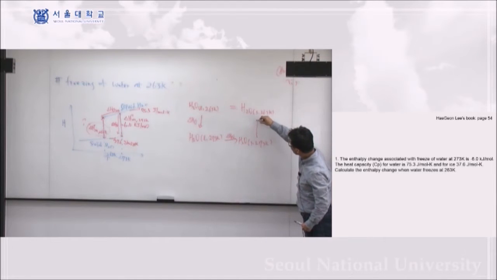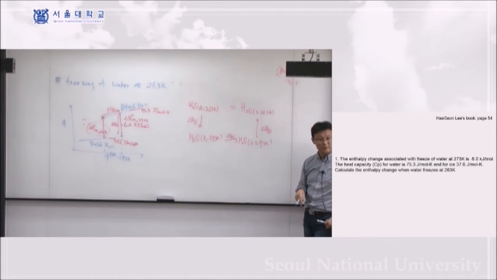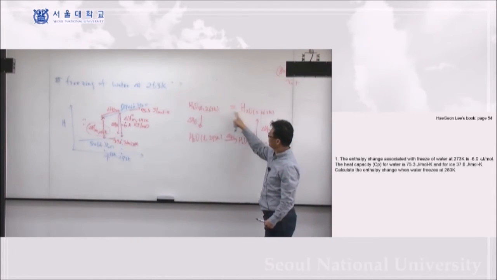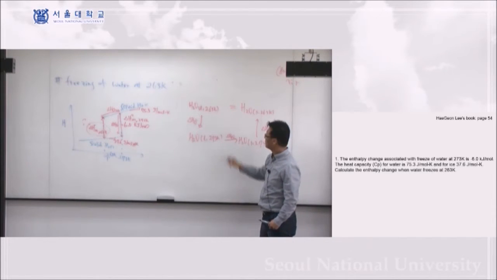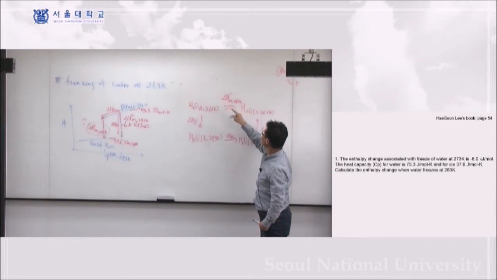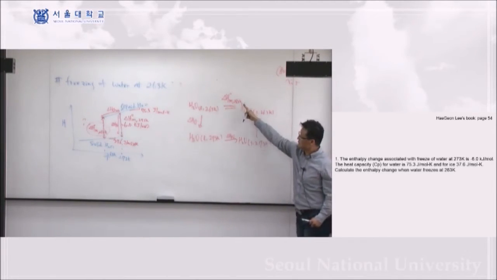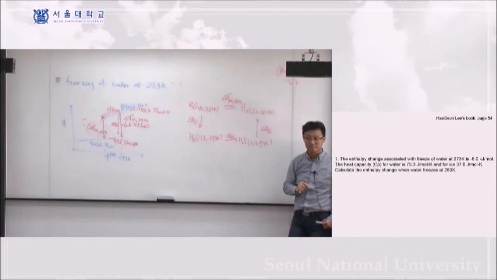And then I'm going down to solid at 263 Kelvin, that's this value, delta H3. So this change is the sum of 1, 2, 3. Am I right? So this delta H of melting at 263 Kelvin, which is what you want to calculate, is the sum of this plus this plus this. Is it okay?